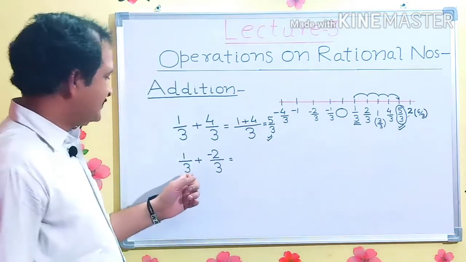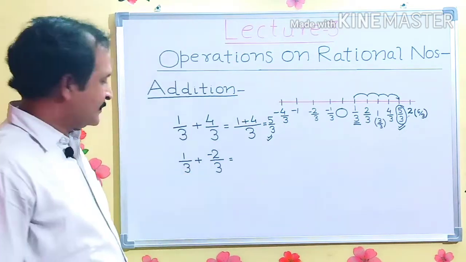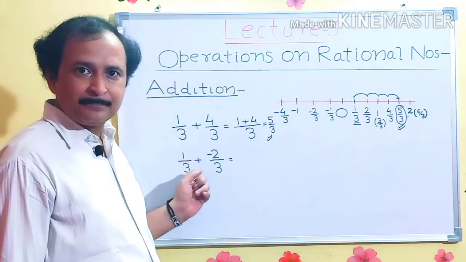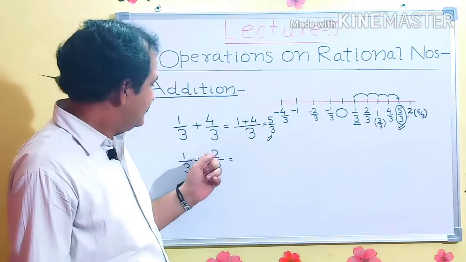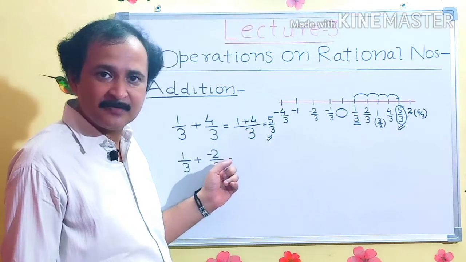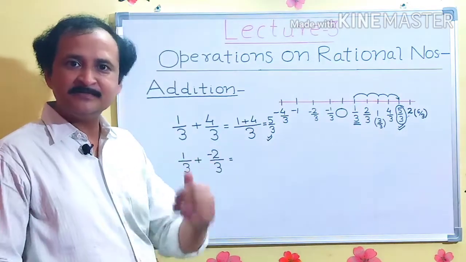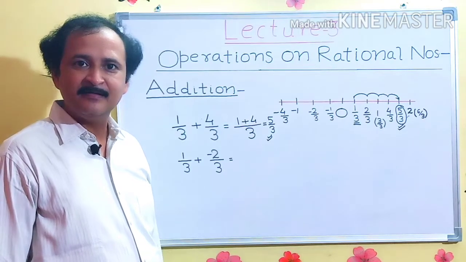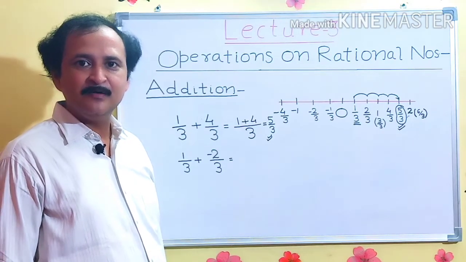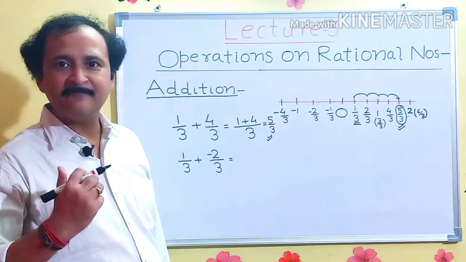Now take a look at the second example. 1 by 3 added with the rational number minus 2 by 3. Minus 2 by 3 means a negative rational number. A negative rational number means move to the left.